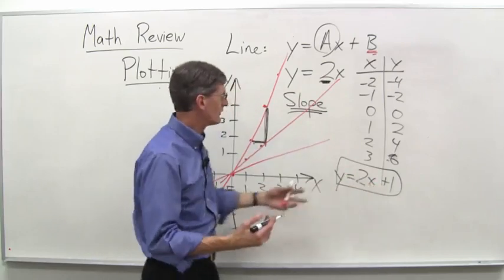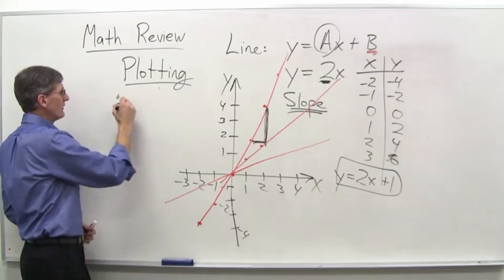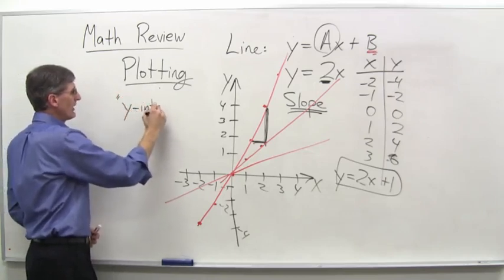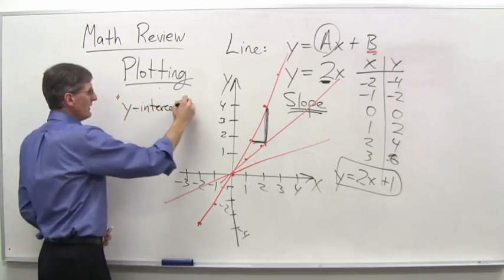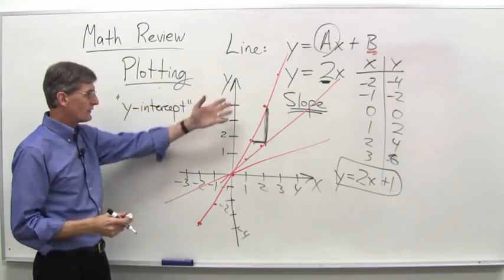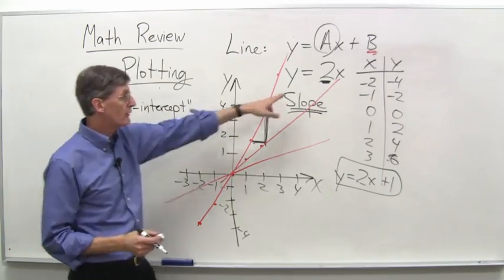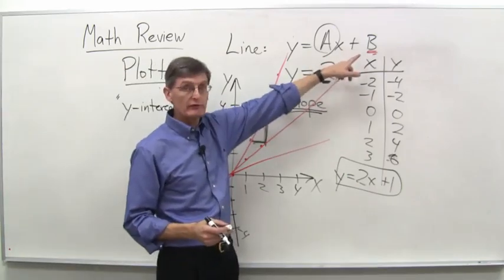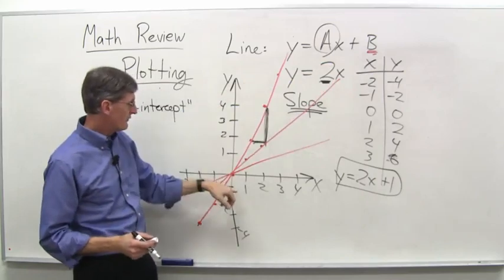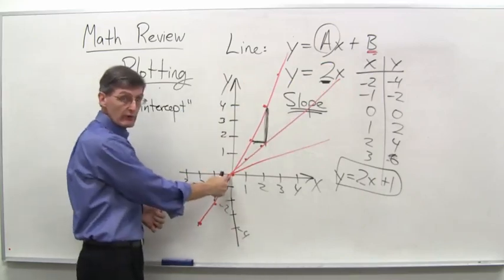Well, you may remember, again, dredging your memory, that it's called the y-intercept. And if you just think about that name a minute, it literally means it's where the line intercepts the y-axis. So here, when y equals just 2x and b equals 0, the line, all three of our lines here, intersected the y-axis, here's the y-axis, at 0.